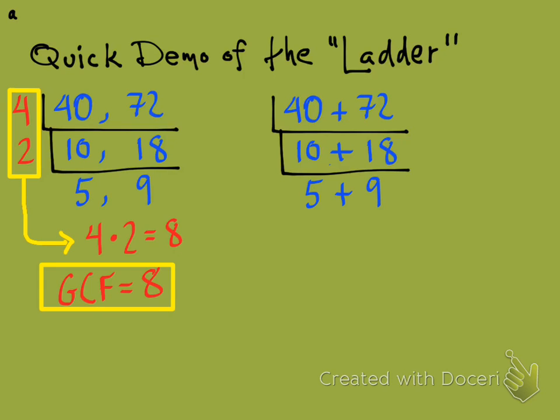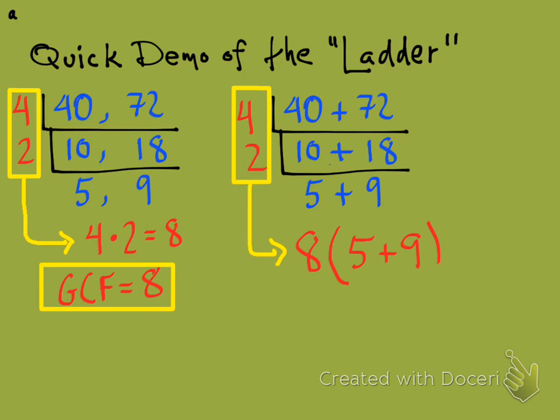40 plus 72, if I look at a common factor of those, it's a 4, and that's how I got the 10 and the 18, by dividing. So I'm just using the same numbers. What I wanted to show you here is that by doing that exact same process, this ladder method, on a sum of numbers, you've got a way to actually factor that expression.